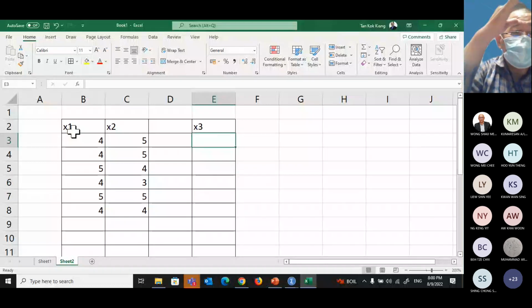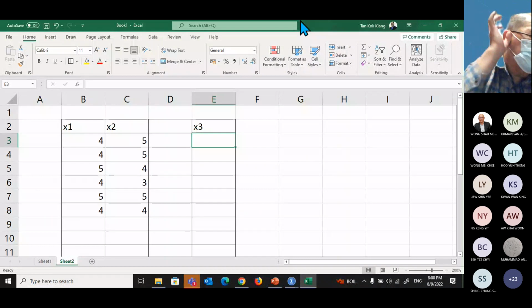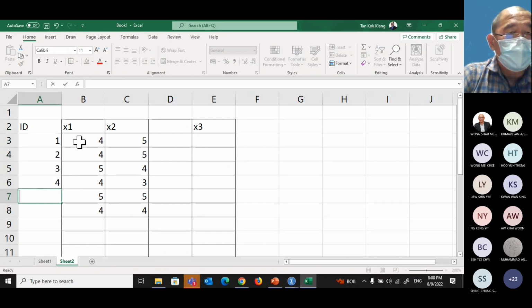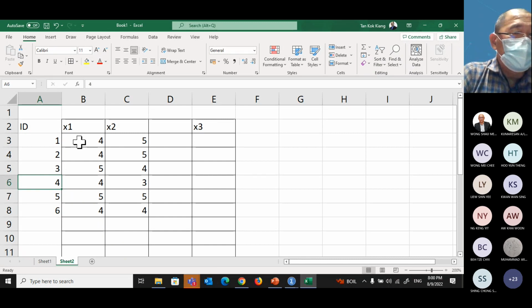Therefore, x1 and x2 are supposed to group together because they have quite a similar pattern. Here is respondent ID, so respondent 1, 2, 3, 4. You see the pattern? All 6 respondents tend to answer 4 and 5 in general.